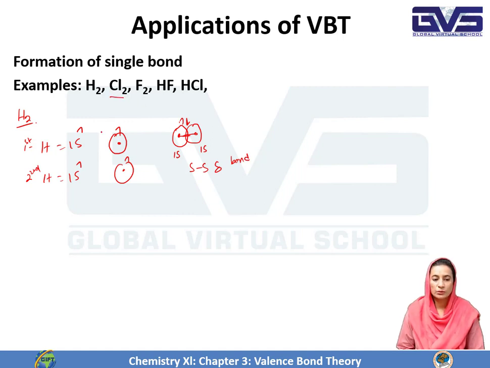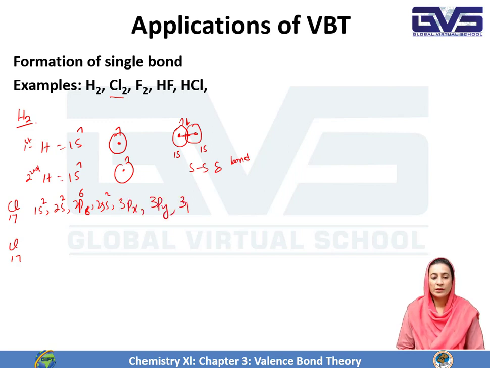Now I will take the example of chlorine. Consider Cl2. One chlorine has atomic number 17. The other chlorine is the same. First draw its electronic configuration: 1s2, 2s2, 2p6, 3s2, 3px, 3py, 3pz, totaling 17 electrons.